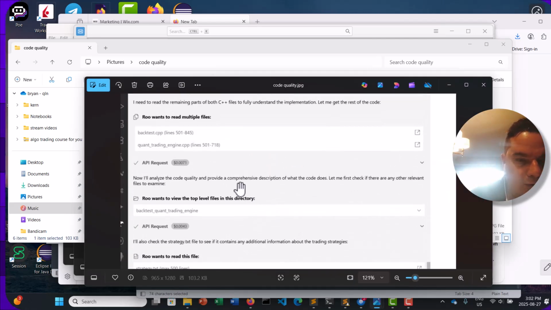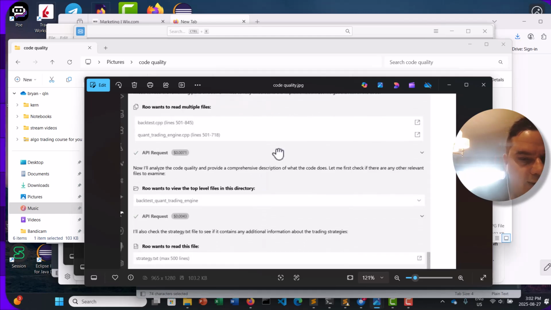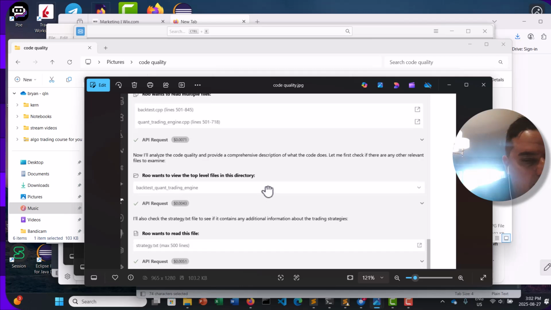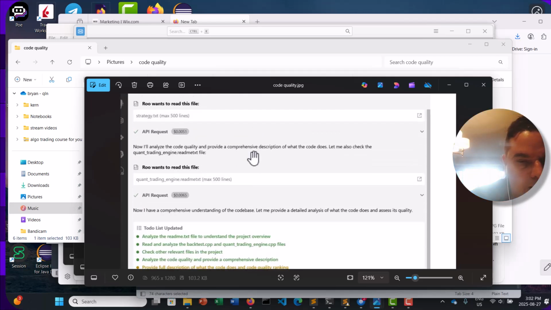Basically, we have two separate C++ files, same use case: backtest.cpp, and for the second one, quant_trading.cpp. Those are the same use case, two different models, advanced. And then I have associated files that go with it, plus the README files for each one of those, plus a description of the strategy that's being used.